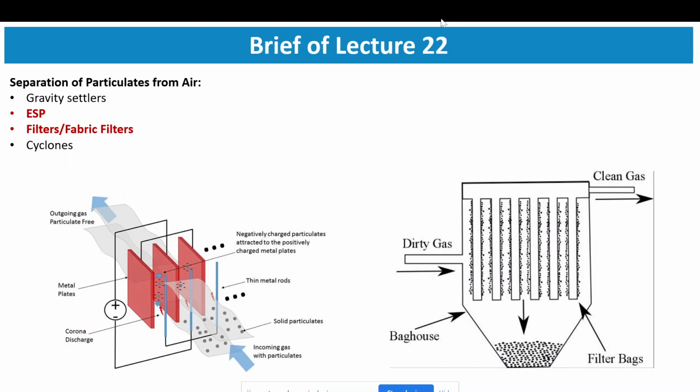Let's move forward. Another strategy is the electrostatic precipitator. For that, these are the plates. In air, mostly the particles are of negative charge. So if you want to utilize that charge, negative charge will get attracted to positive charge.